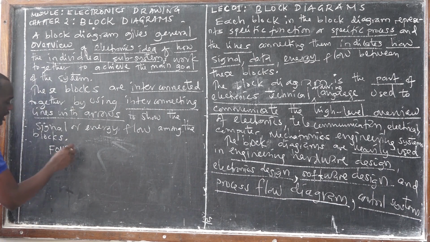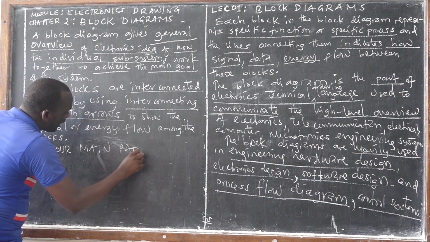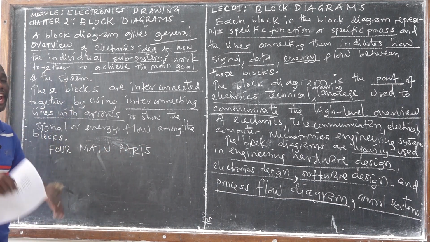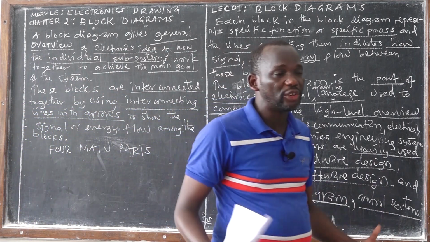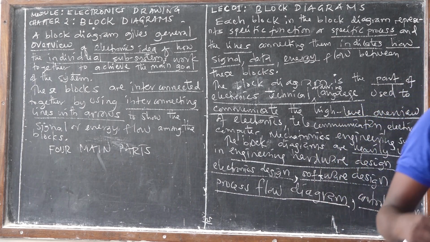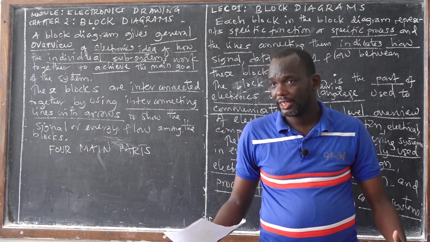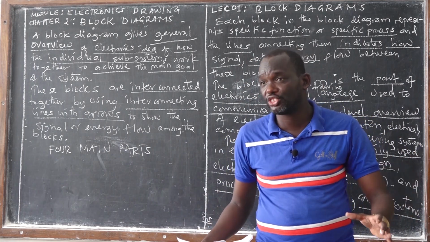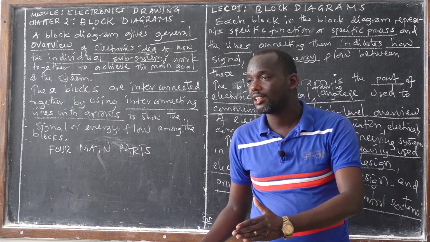Then now, ladies and gentlemen, let me teach you about four main parts. And I want to tell you that there is no single book or single document or single article explaining what I've been teaching you in each chapter systematically. I use different sources, and I have to sit down to arrange the information in systematic order.